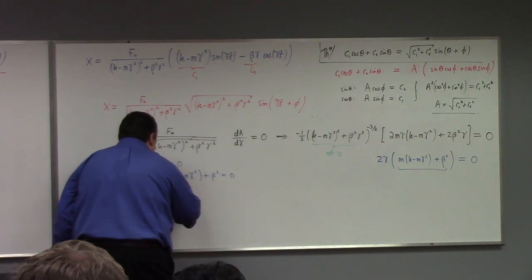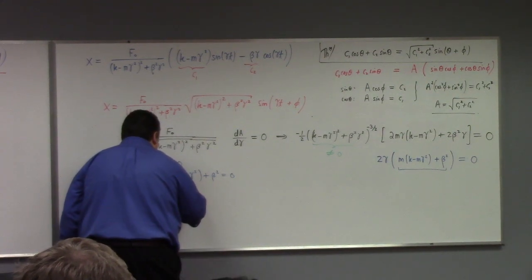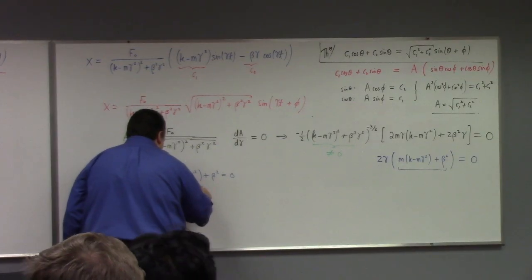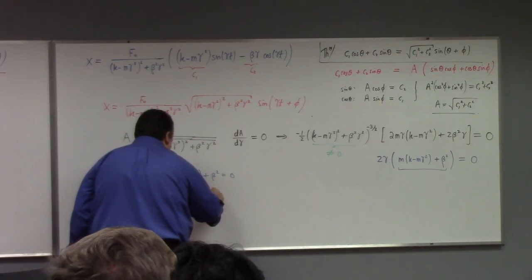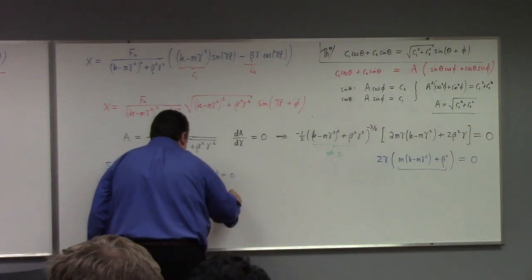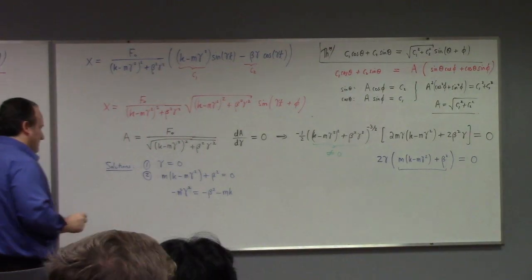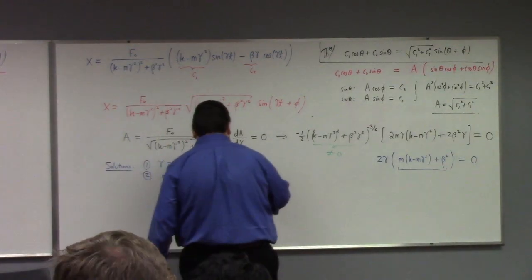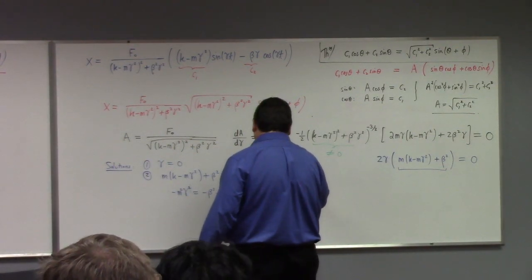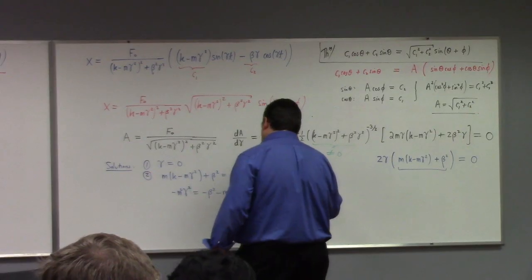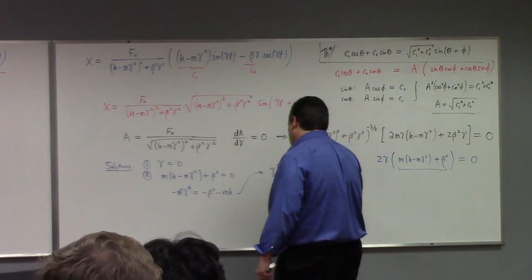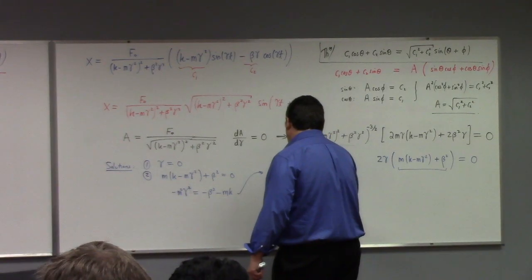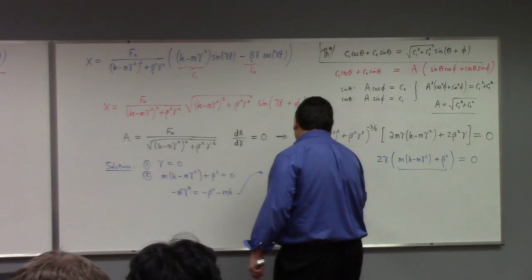That's minus m squared gamma squared equals minus beta squared minus mk, which in more civilized terms is gamma squared is equal to beta squared plus mk divided by m squared.